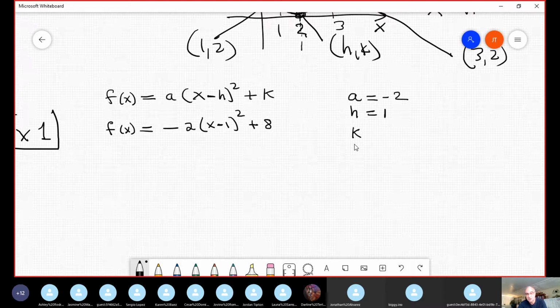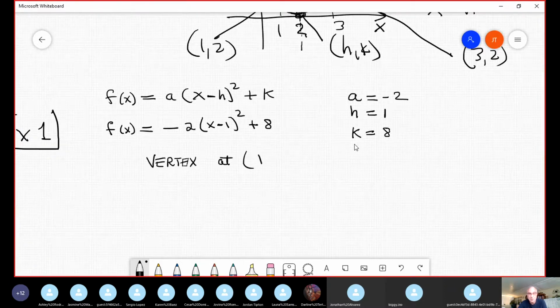You see in the equation negative, the h is positive. However, k, no. k is the same sign because it's plus, not minus. When it's minus, opposite, but when it's plus, it's the same. Okay, so we conclude immediately in 1 second that the vertex of this parabola is located at the point 1, 8. At least the vertex part.